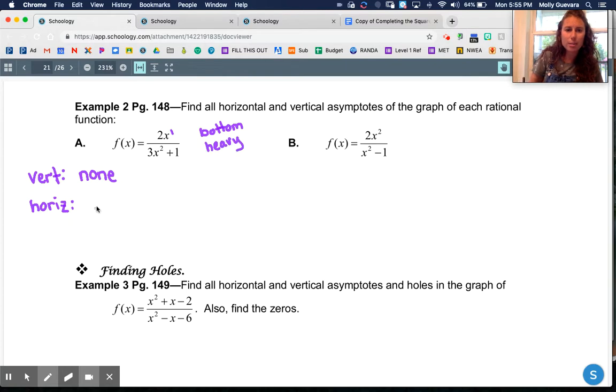And since it's bottom heavy, that means the equation y equals 0 is my horizontal asymptote. So this graph has a horizontal asymptote on the x-axis, and it has no vertical asymptotes. And that's all I know about it so far, and that's okay. We'll get there, right? Let's look at B.